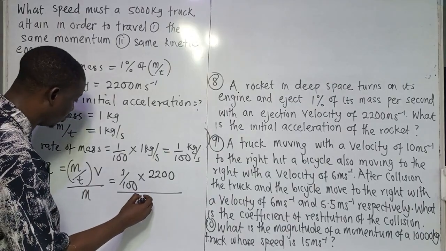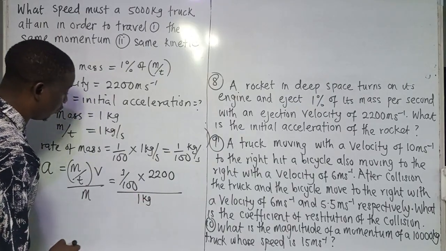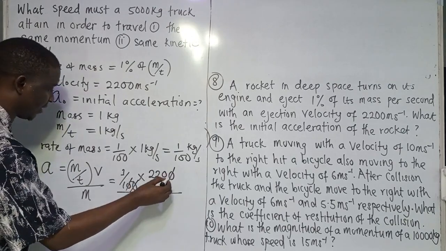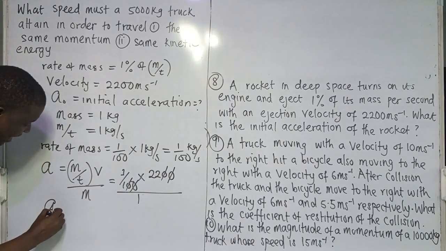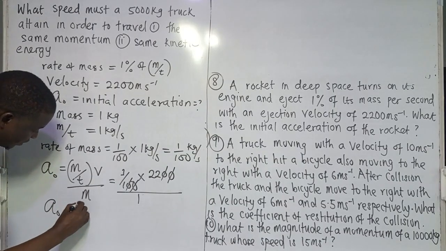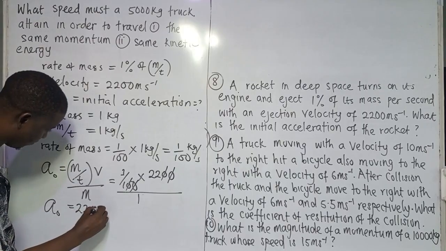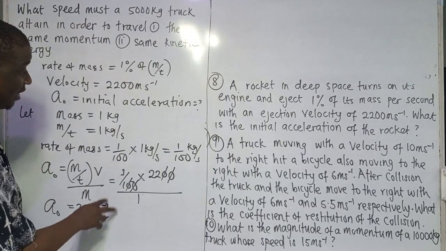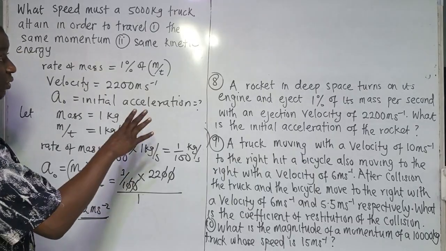We are assuming 1 unit, 1 kilogram or 1. So this we cancel, this we cancel. So initial acceleration is equal to 22 what? Meter per second square. So that is our initial acceleration of the question, question 8.